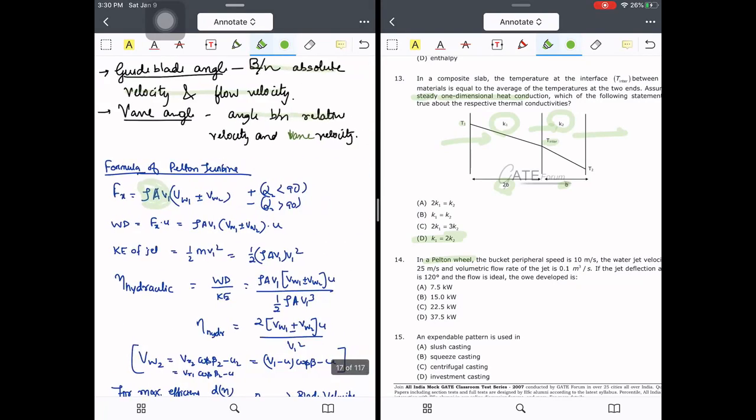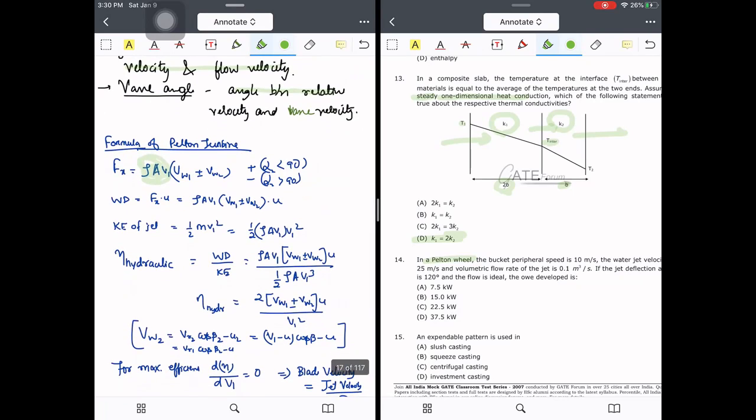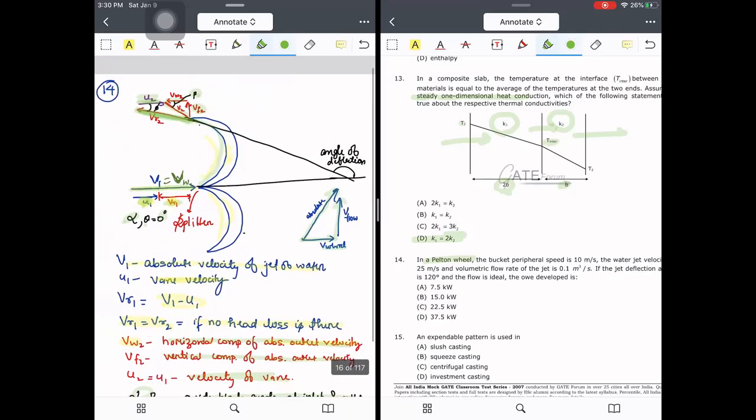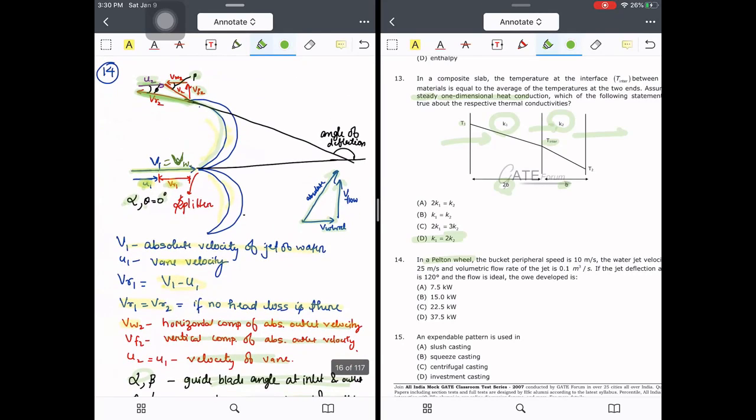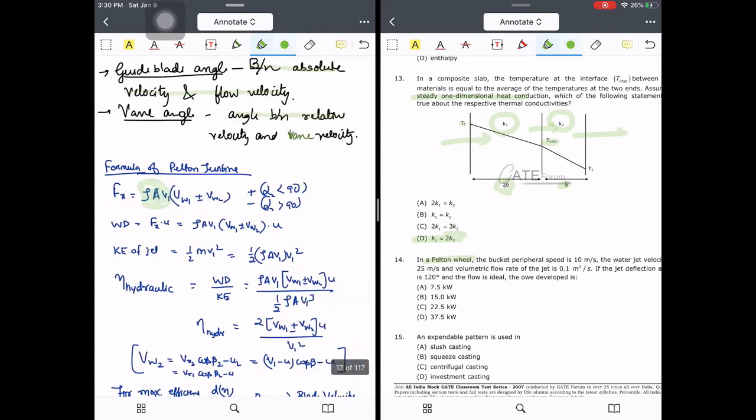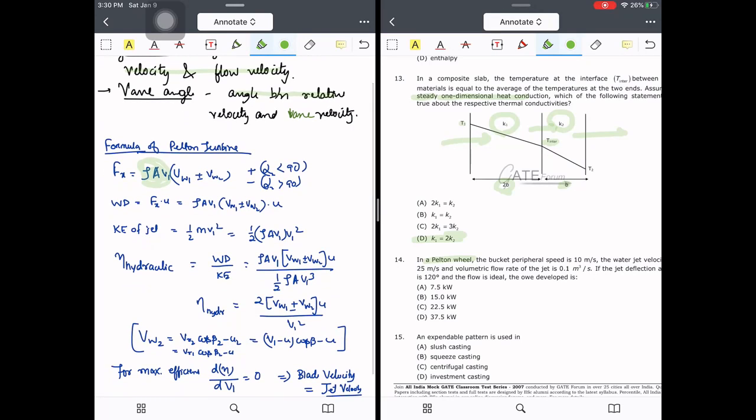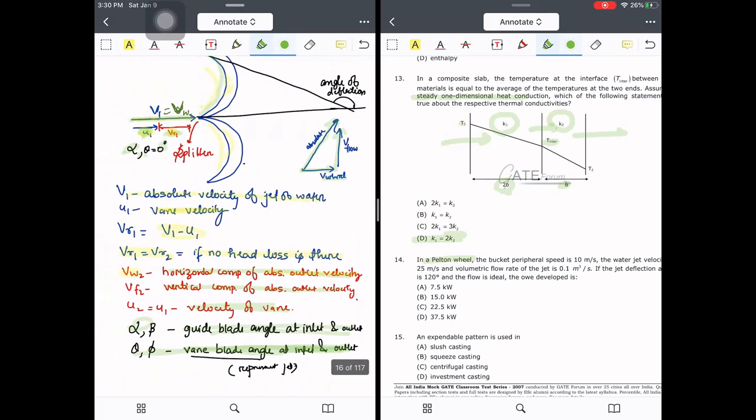Here you will find vw2. Plus comes into the picture when alpha 2 is less than 90 degrees, and when alpha 2 is greater than 90 degrees, it is minus.